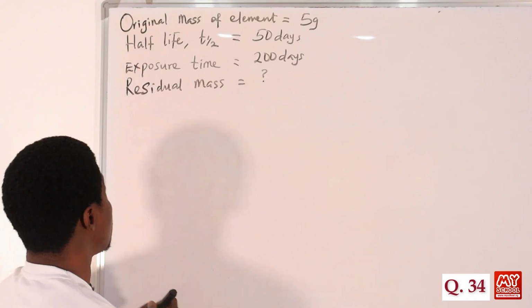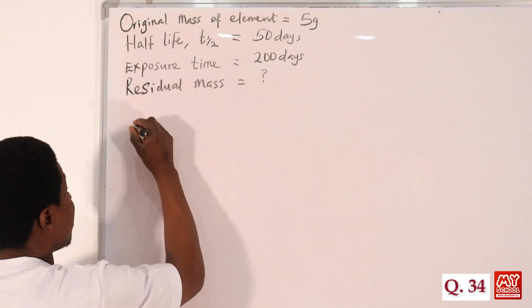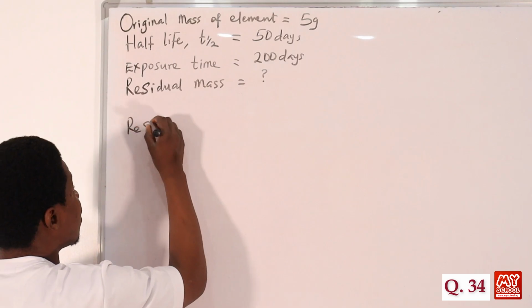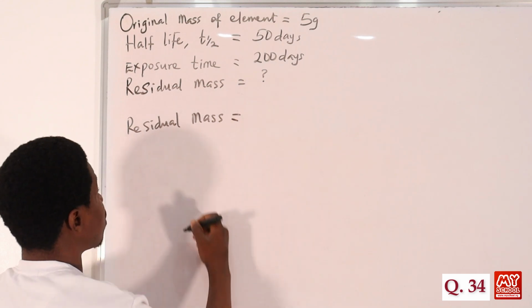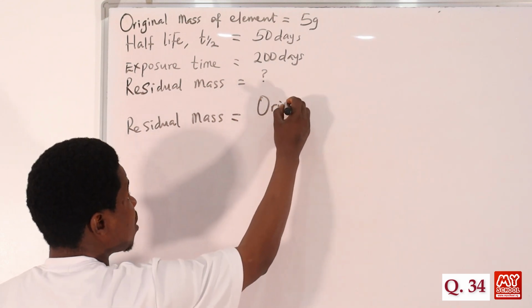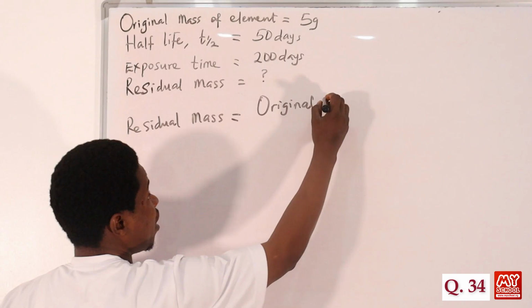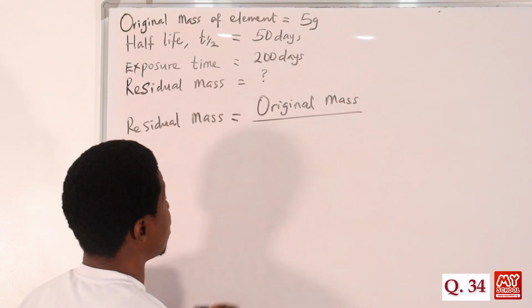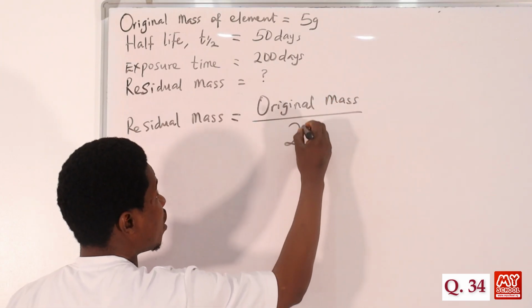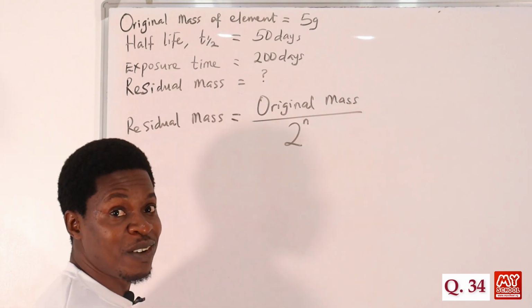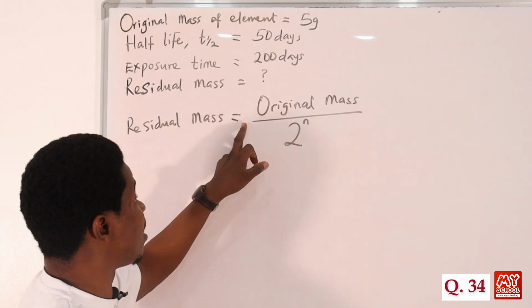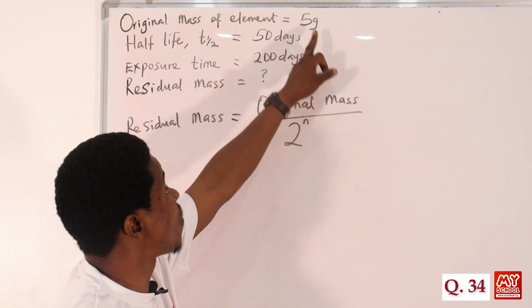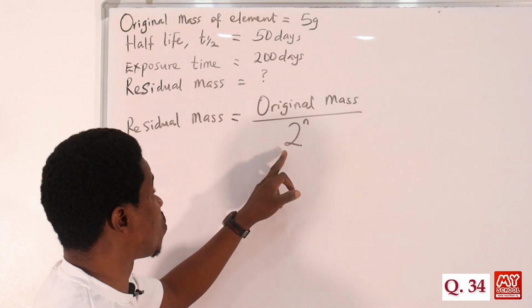Now the formula for finding this, like I said, is an easier approach. Residual mass is equal to the original mass of the element, all over 2 raised to power n. I am sure this one is not very tough for you to remember. Residual mass, that's what we want to find, is equal to the original mass, the 5 grams we started with, all over 2 raised to power n.